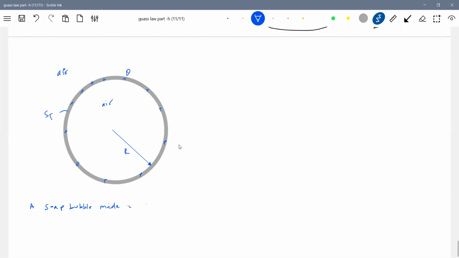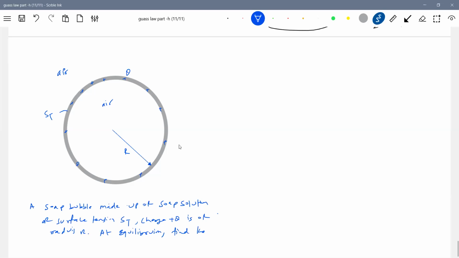A soap bubble made up of soap solution of surface tension St, charge plus Q, and radius r. At equilibrium, find the excess pressure in the bubble.